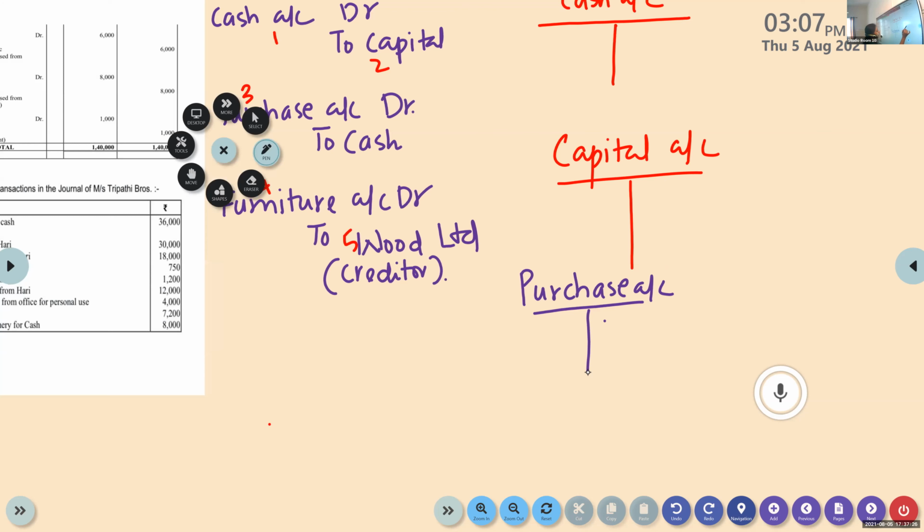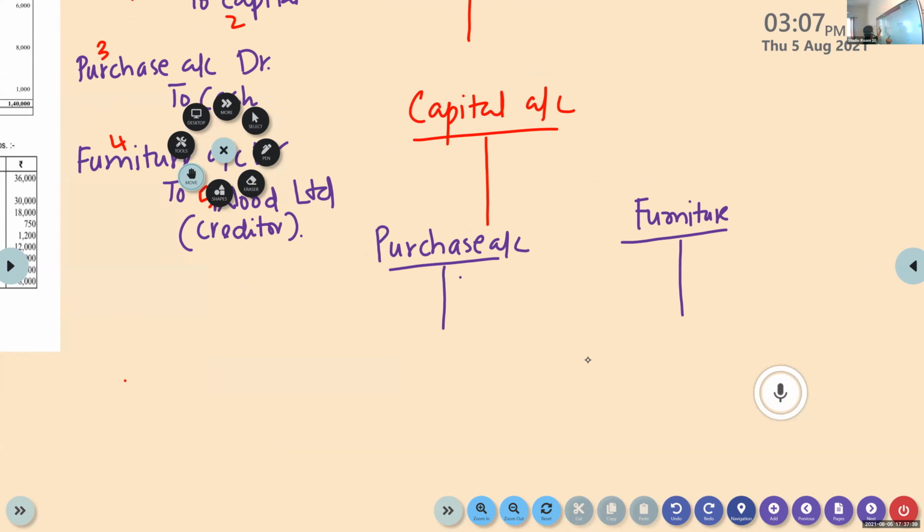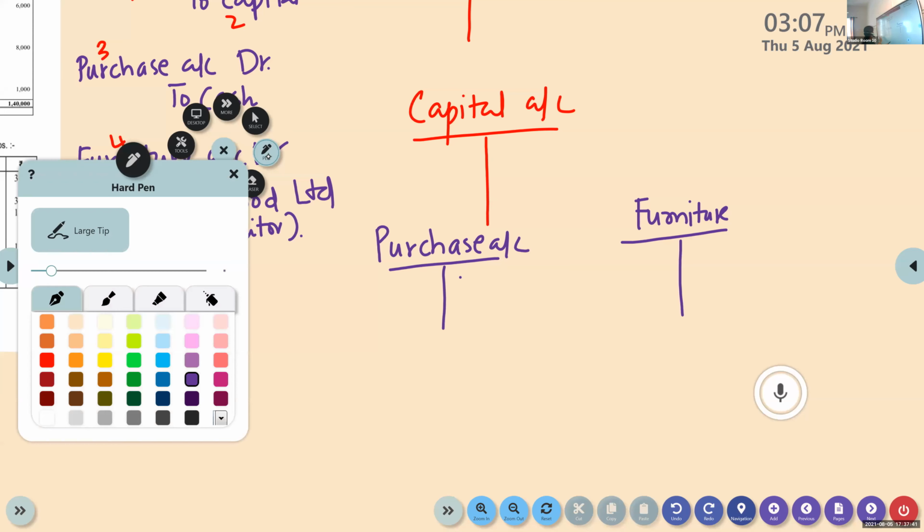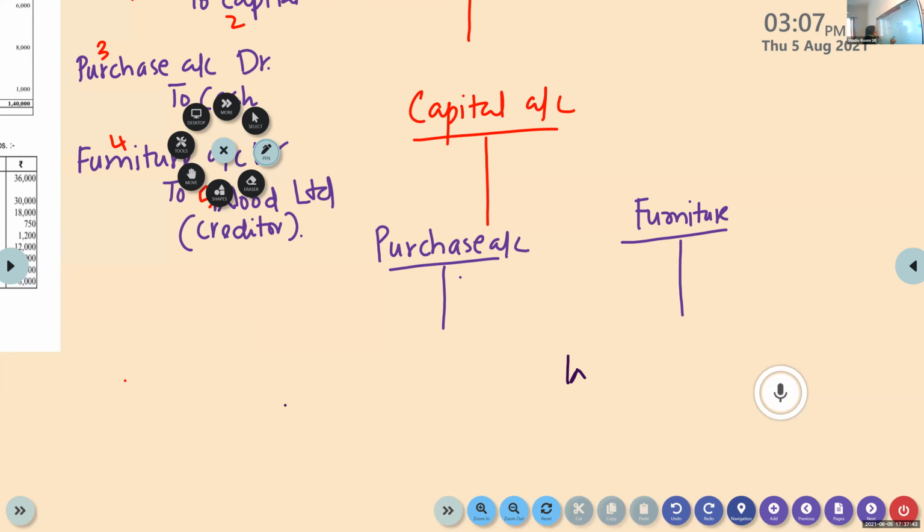Furniture account is required. Then again, a Wood Limited account is required. So these are the accounts according to this. These many accounts are required to be prepared. This much is understood? Okay, so we have prepared accounts.